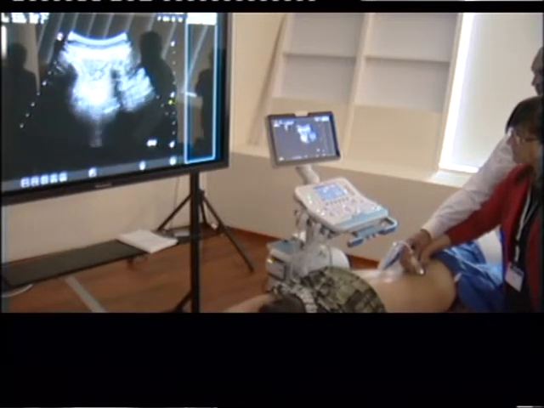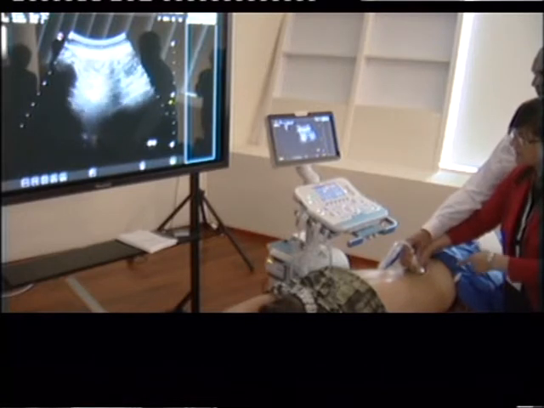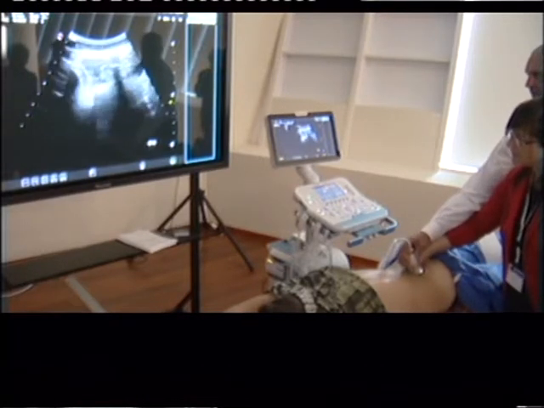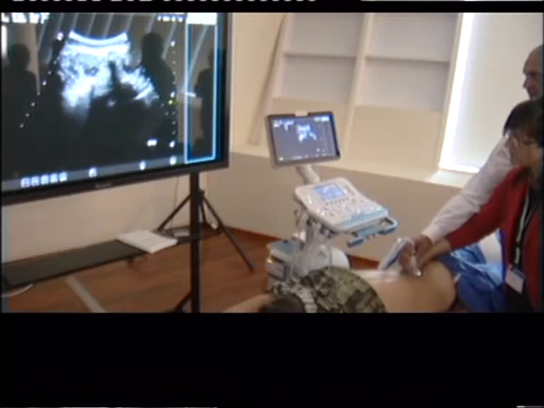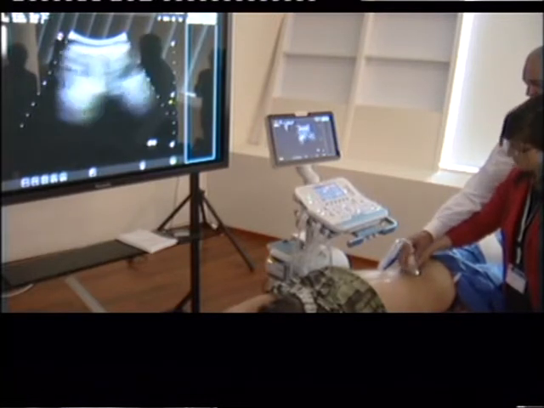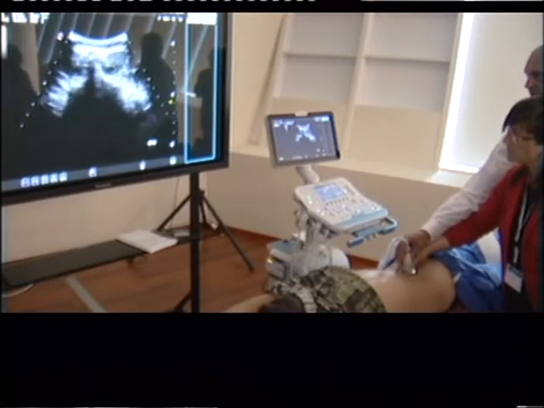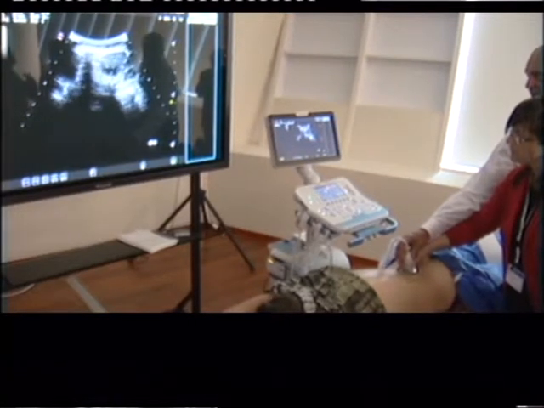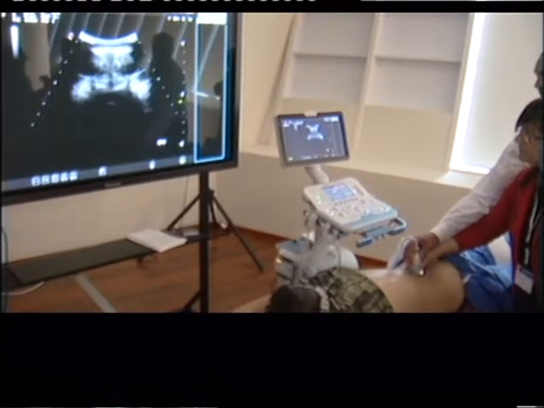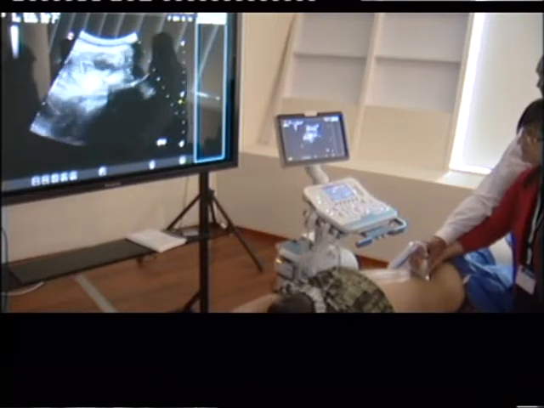Fifth lumbar. Continue. There. You've got to come in the middle. Yes, middle. And there's a facet. That's it. Facet.